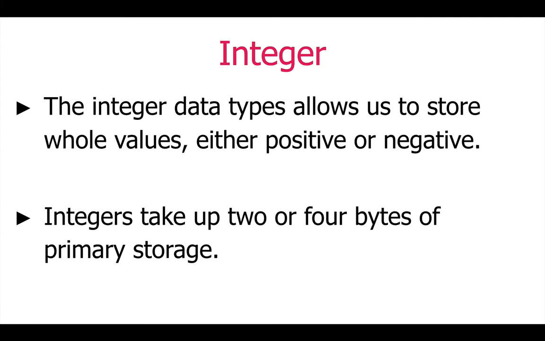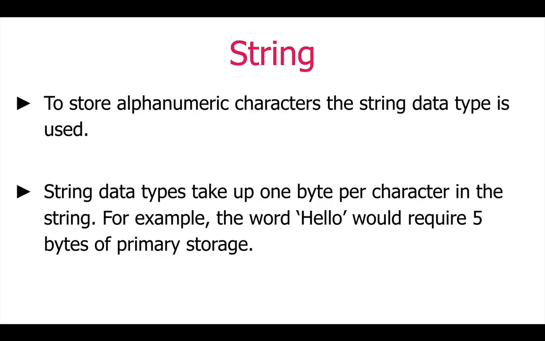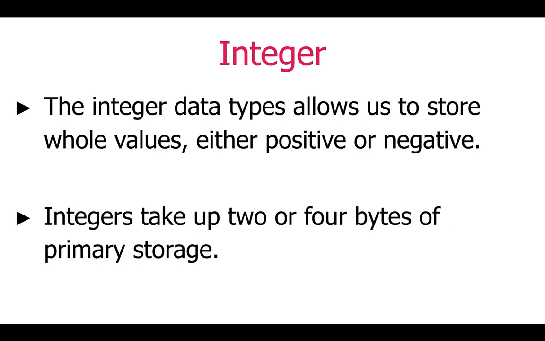If I have a calculator program and I'm taking input from my user for numbers and adding them together, I'd want to store it as an integer. However, if I'm taking a street address, say the number 17 as my street number, I would likely store that as a string, because it's still alphanumeric. When I want to perform calculations or some kind of arithmetic, I would store it as an integer.